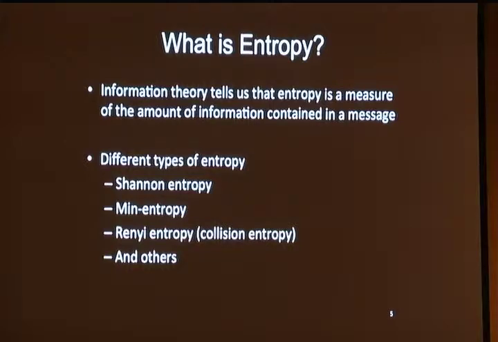A message can be an event or a sample from a distribution. So entropy characterizes the uncertainty about the source of the information. Even in information theory, there are different definitions for entropy, the first one given by Shannon in 1948. There were other definitions like min-entropy, Rényi entropy, and actually many others too.